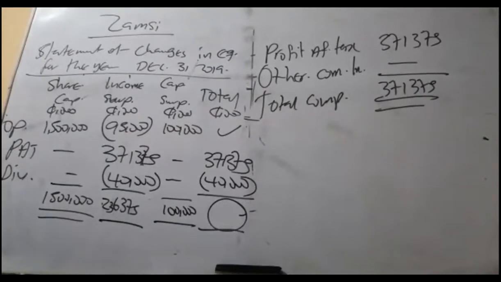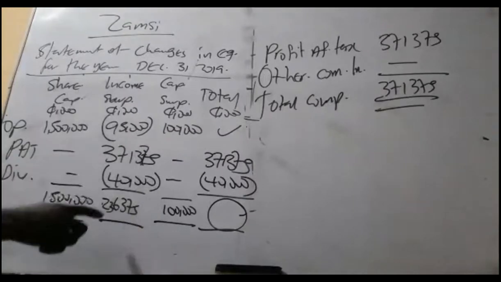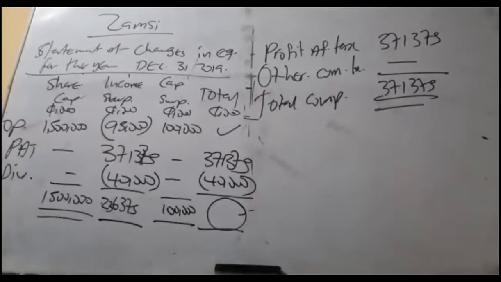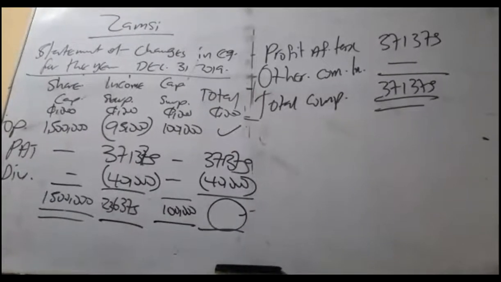Total capital, pick this; income surplus, pick this one, and then we are done. The last working is the PPE. On this note, we'll go and do the PPE to end the game.